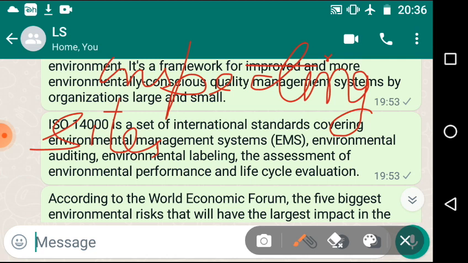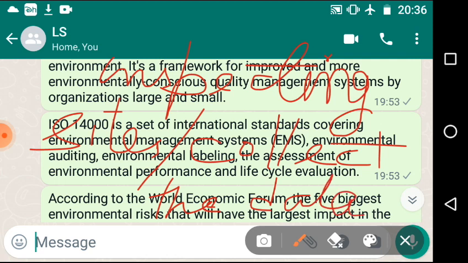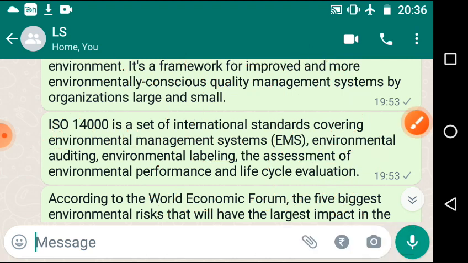We will inspect the sites and collect the data and information.